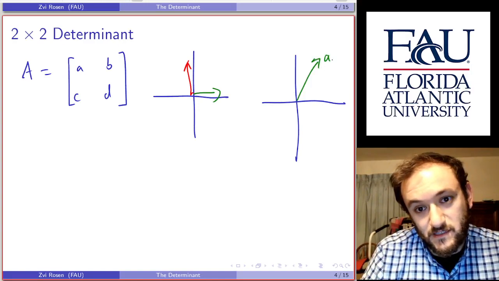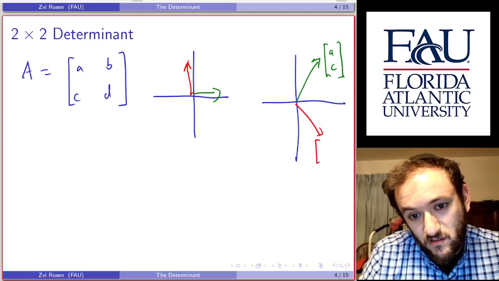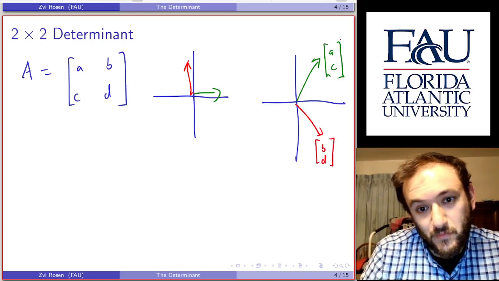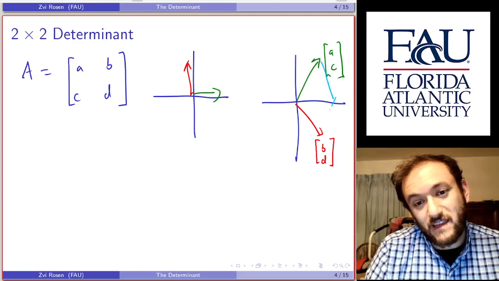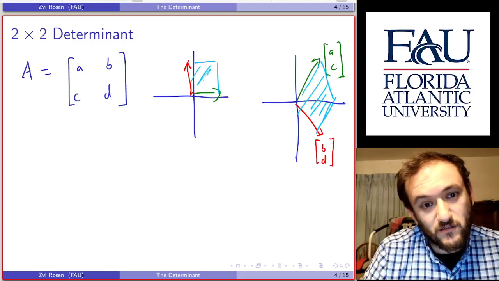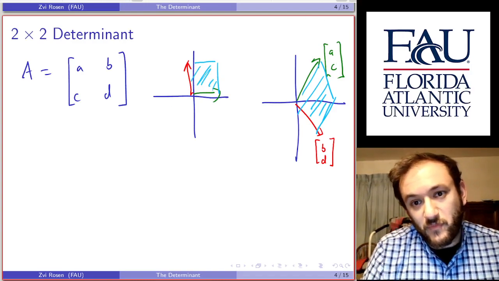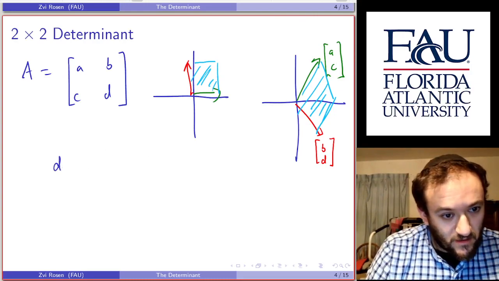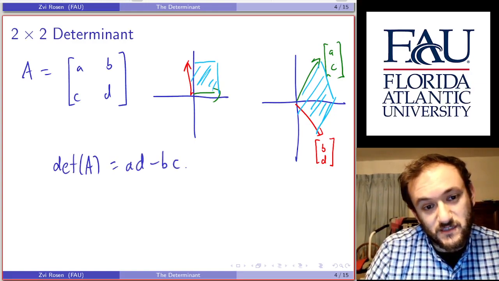Let's say this is AC, or let's write it in column notation. And this might be BD. Then the signed area of this parallelogram, which is really what we're interested in here, how much is this stretching and is the orientation changing or not? The formula for that ends up being the following. Determinant of A equals AD minus BC.